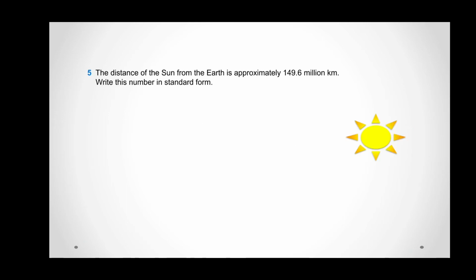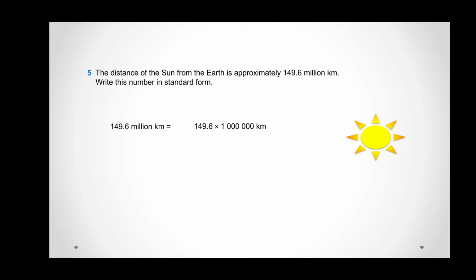Okay, another one, the distance of the sun from the earth is approximately 149.6 million kilometers, right? Then you have to convert millions to kilometers, so you have to multiply by 1 and 6 zeros.